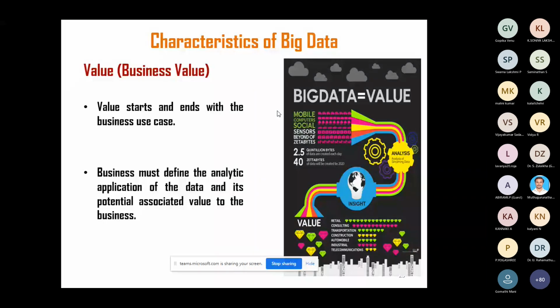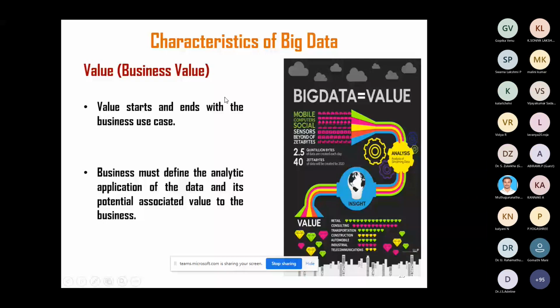And when the products are delivered in time, of course, the customer may get satisfied immediately. They may also look for placing such orders with the same kind of business companies. So these are going to have an impact, of course. That's why value plays a very important role when it comes to handling such a huge volume of data.